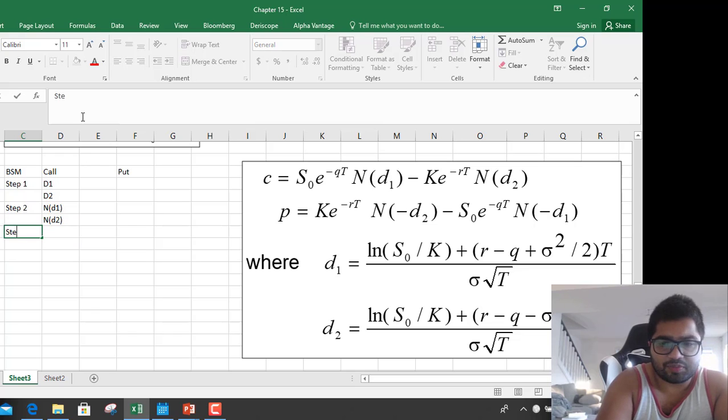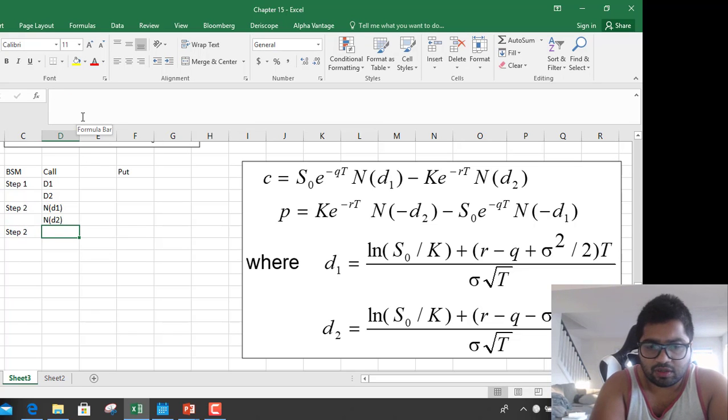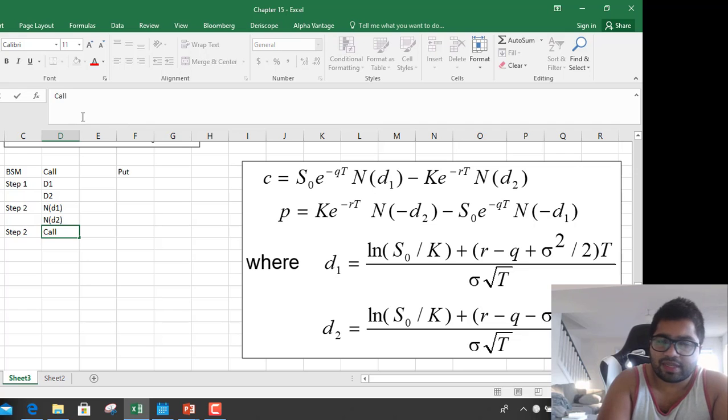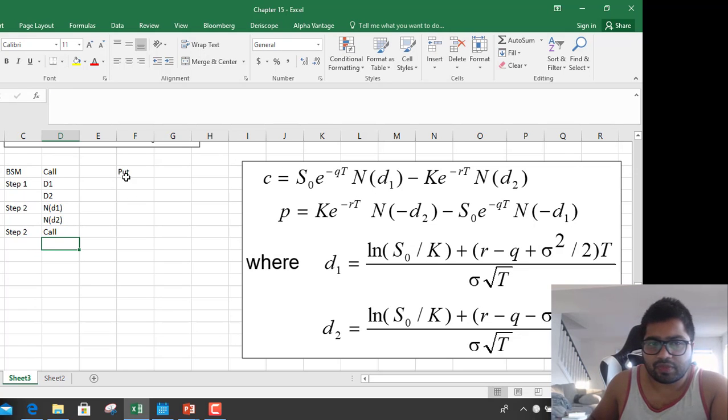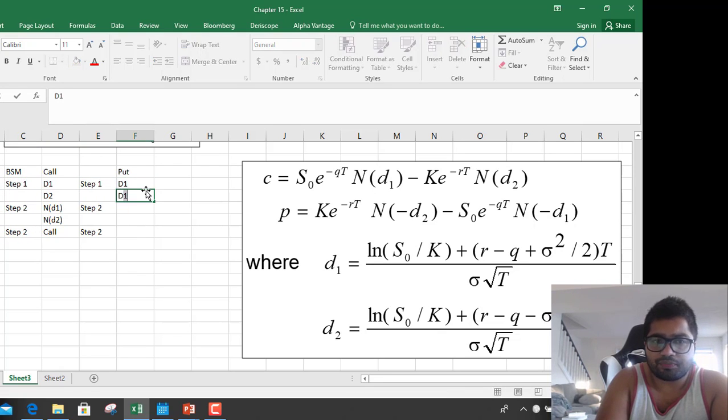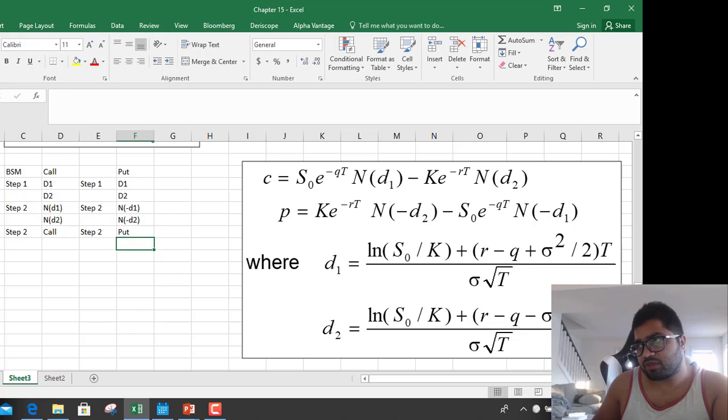Okay, and step 3 we calculate call option price using call option formula. For puts, it is step 1 you calculate D1 and D2 using the same formulas. Step 2 you calculate N D1, N minus D1 and N minus D2. And step 3 you calculate put option price using put option formulas.